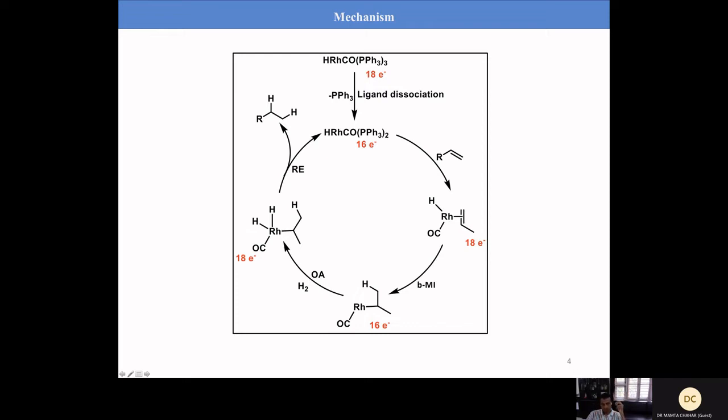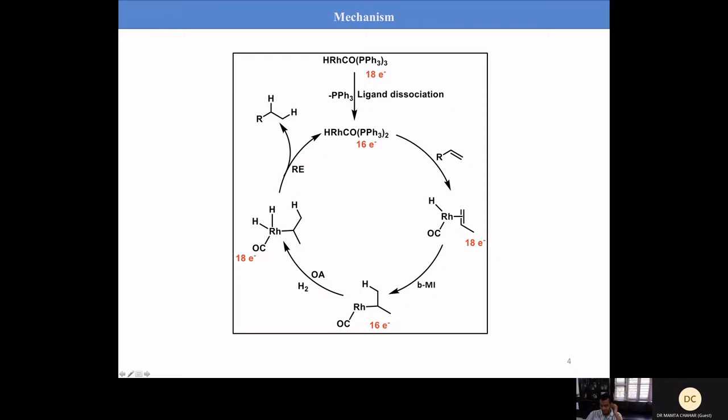Now, of course, it is interesting to note that between carbon monoxide and triphenyl phosphine, it is the triphenyl phosphine, one of them, that goes out, because carbon monoxide is a better ligand, sigma donor as well as pi acceptor, so it will hold on to the metal more tightly.